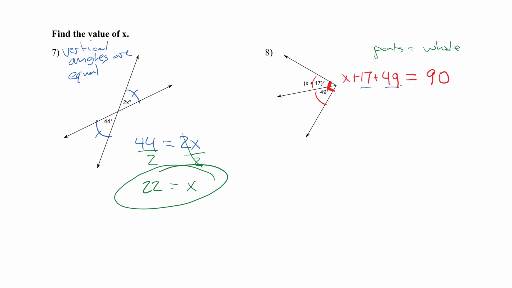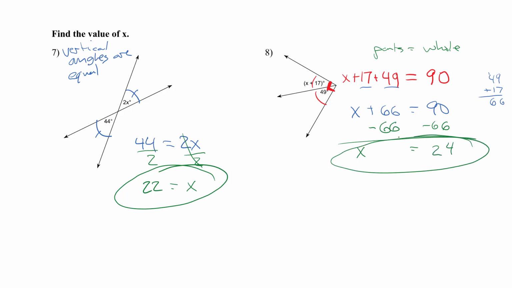Okay, now I notice I've got some stuff to add together here, so I'm just going to do some scratch work, adding them together. So that's x plus 66 equals 90. I need to undo the 66. So x is going to be equal to 24.